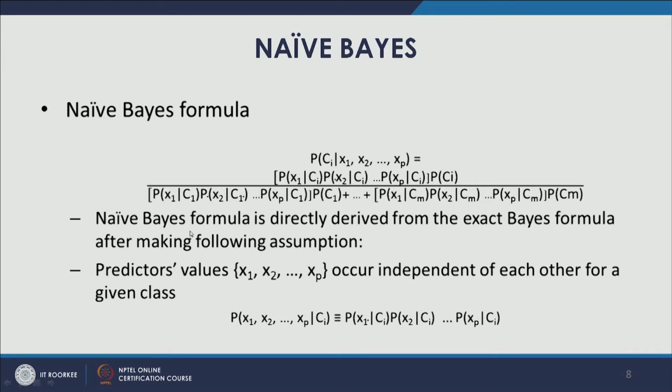This is what is explained in a few more points. The Naive Bayes formula is directly derived from the exact Bayes formula after making the following assumption. What is that assumption? That the predictor values x1, x2, xp occur independently of each other for a given class. This is the approximation that we have made. P(x1, x2, ..., xp) was the probability that we were supposed to compute in the complete or exact Bayes, and now it is the product of probabilities that we compute under Naive Bayes, right.